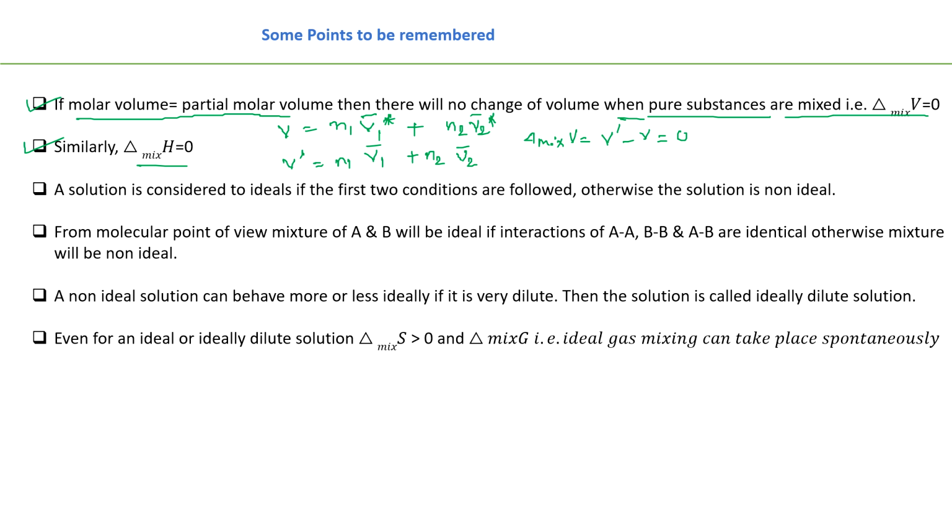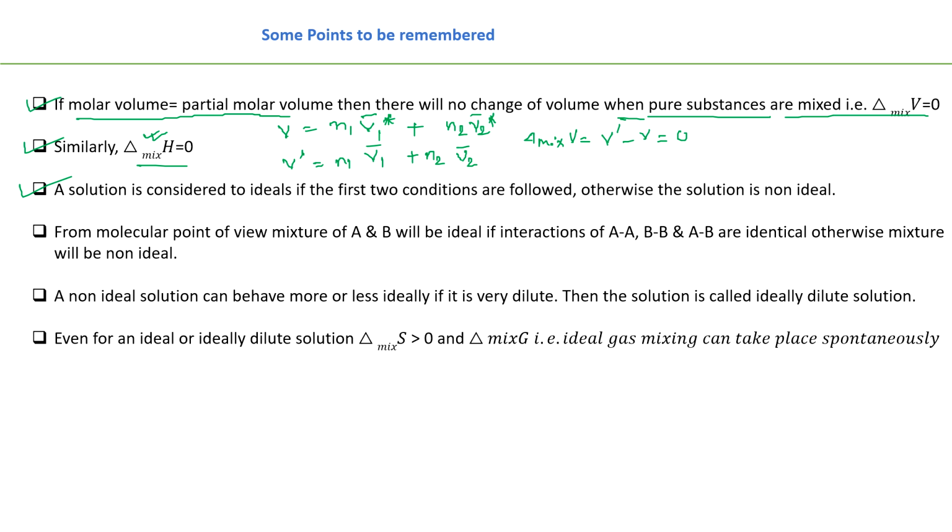Similarly, delta mix H equals 0 for an ideal solution, and this can be calculated once we know the heat of absorption at constant pressure. Now if these two, delta mix V and delta mix H, are 0, then a solution is considered an ideal solution. Otherwise the solution is a non-ideal solution.